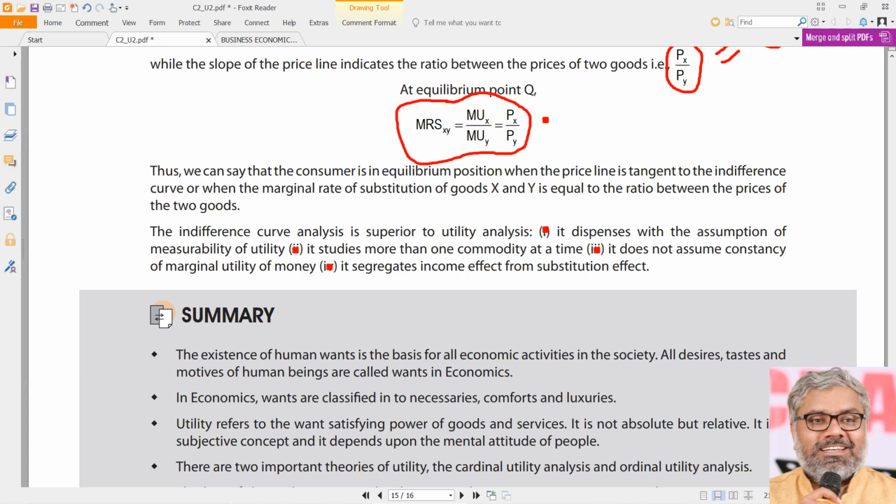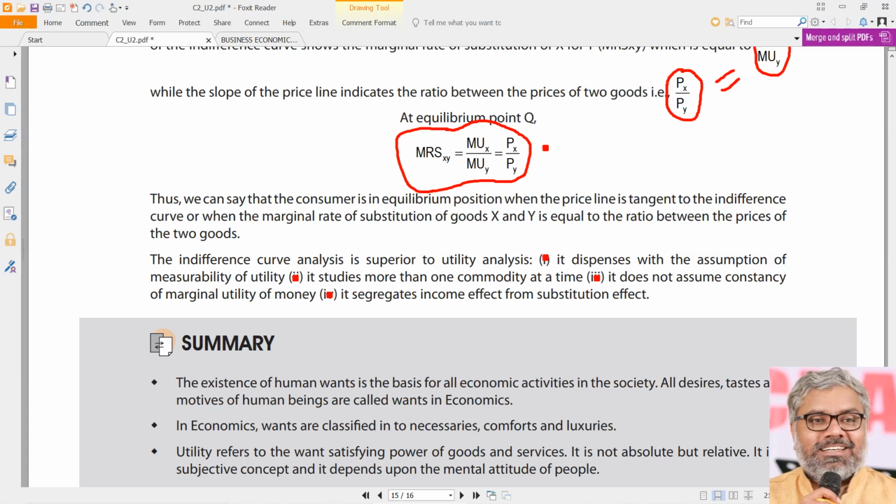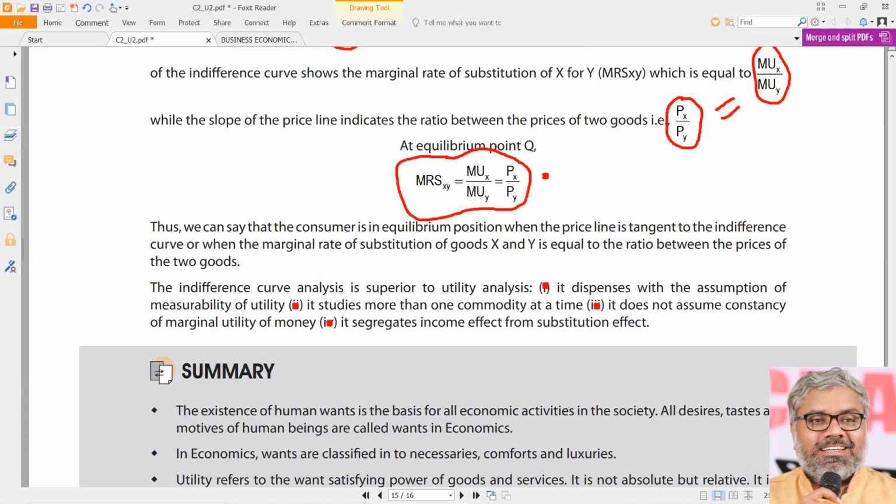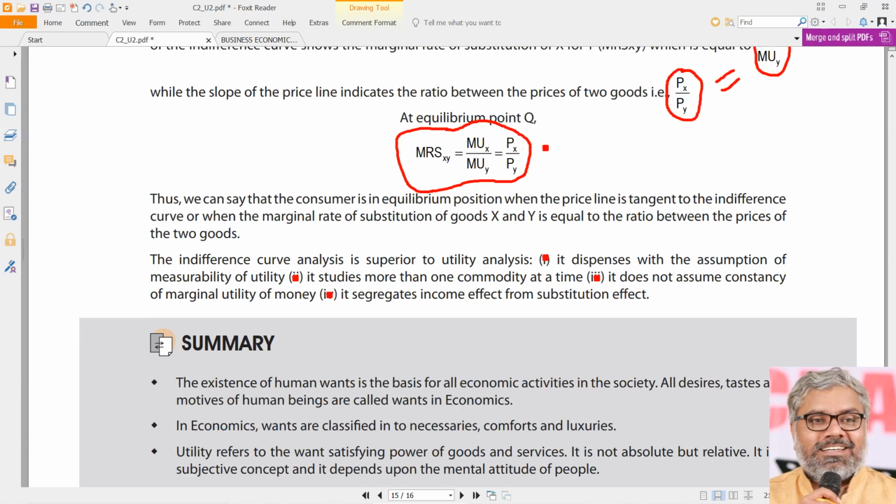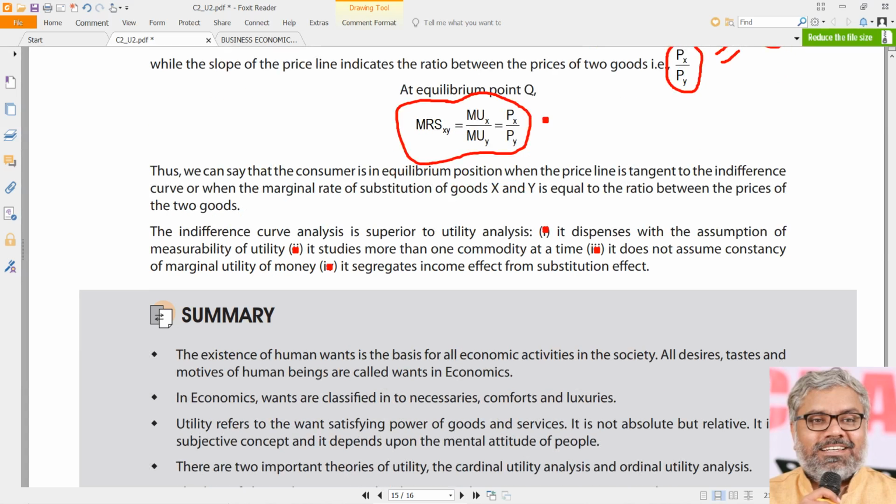And also this theory of indifference curves segregates the income effect and substitution effect, because Hicks and Allen very clearly told how the income effect will impact the demand and how the substitution effect will impact the demand. These two need not be fixed together. Of course, ultimately both of them are going to impact the price only. The price effect is sometimes dominated by the substitution effect, sometimes by the income effect.